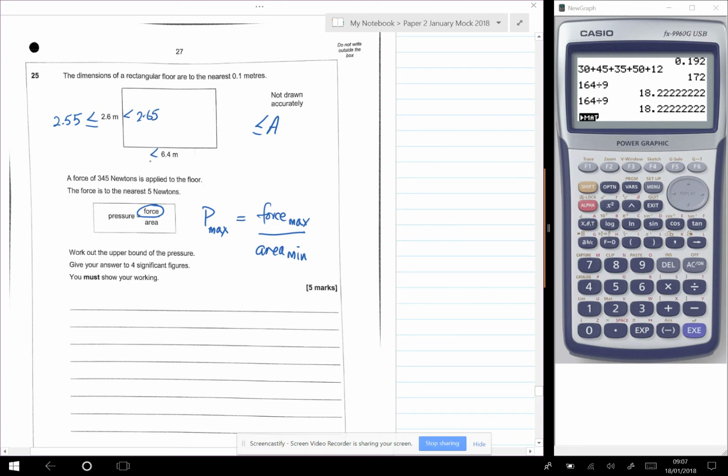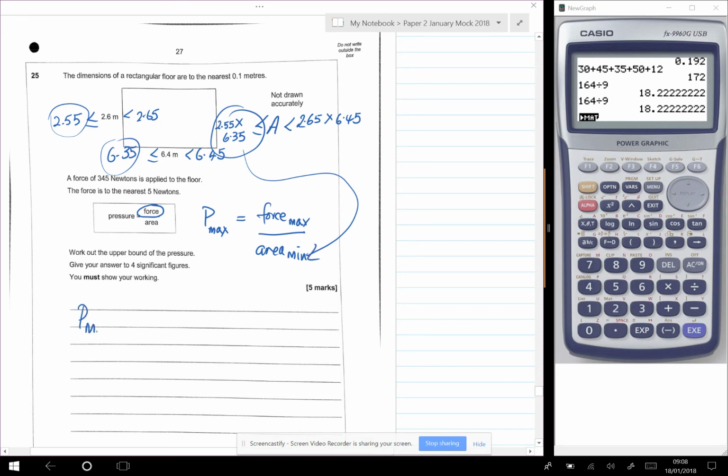This 6.4 goes between 6.35 up to 6.45. So for my area, I need the minimum of these multiplied together. Remember, the area of a rectangle is length times breadth. So this is 2.55 times 6.35, going all the way up to 2.65 times 6.45. So my minimum area is this, goes in there.